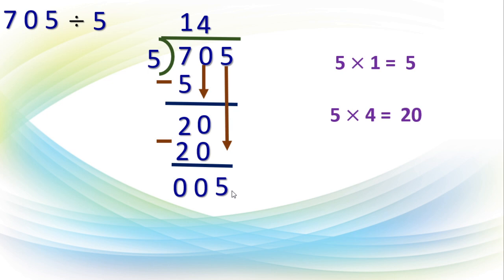Now 5 1s are 5. Correct? So we will write here 5 minus 5 is equal to 0. Got this, children? Here 141 is the quotient, 5 is divisor, 705 is dividend, and 0 is what? Remainder. Right? Got this?